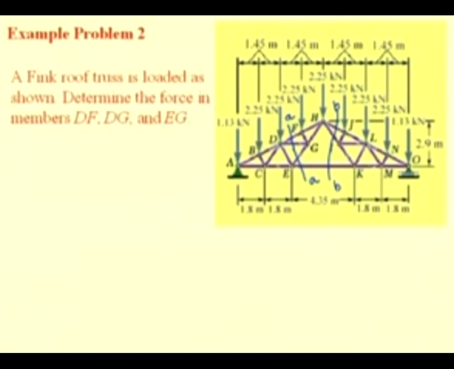So, let us try. Before solving this, we have to determine the reactions at A, which can be done by considering the free body diagram of the complete truss. Let us draw the free body diagram of the complete truss. Here I am only showing the salient features.